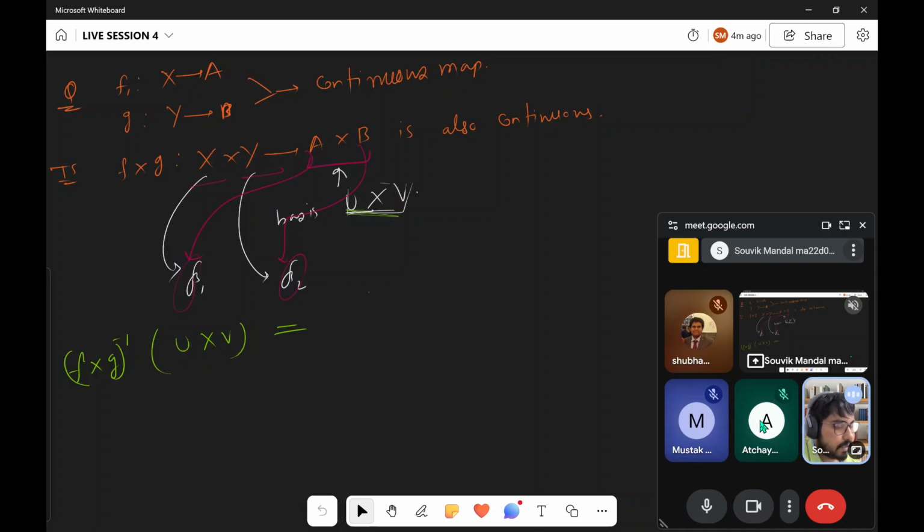So that will be what? That will be F inverse of U cross G inverse of V, isn't it?